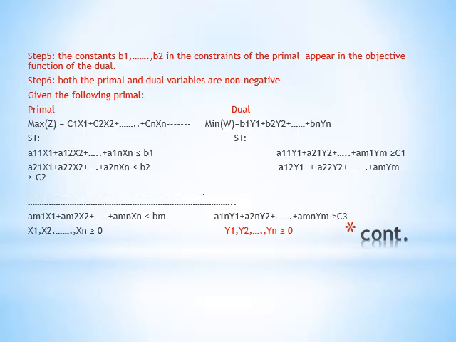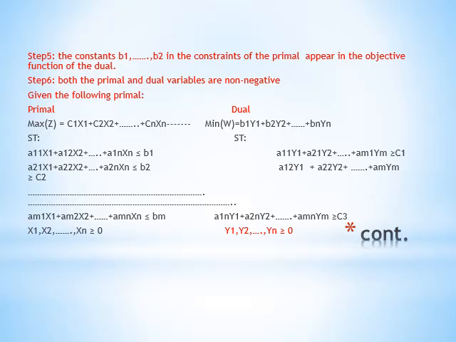The last component is x1, x2 up to xn. The product x1, product x2, product xn should be more than or equal to 0.